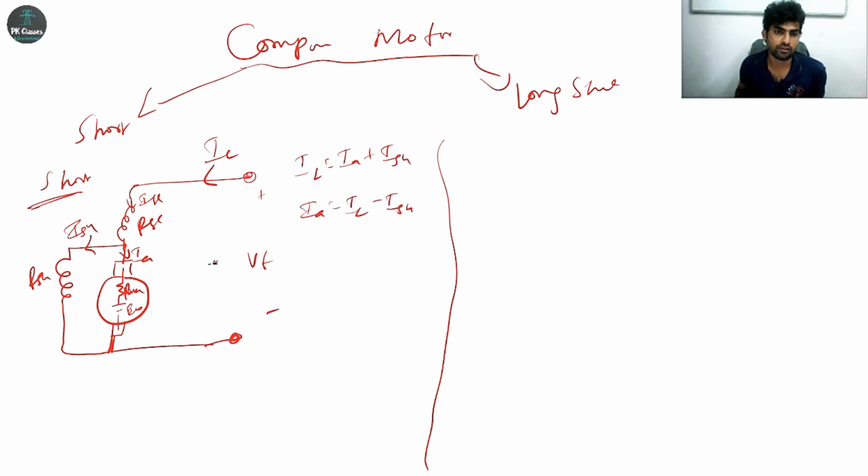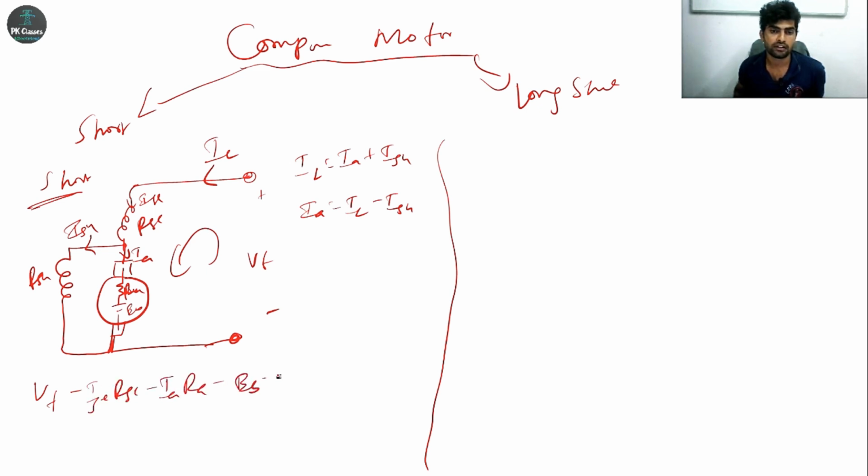If you want to calculate EB, I will apply a loop equation for this one. VT minus ISC RSC minus IARA minus EB minus V brush contact drop is equal to 0. EB is equal to VT minus ISC RSC minus IA RA.